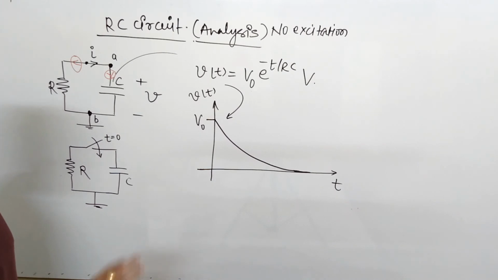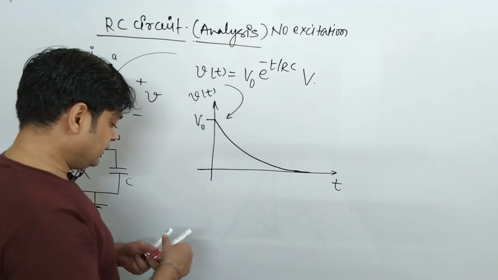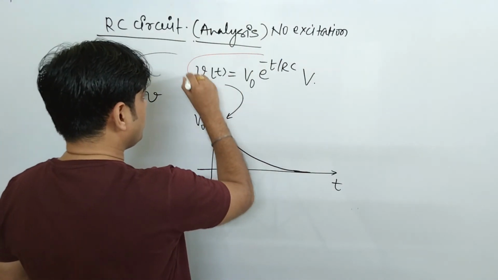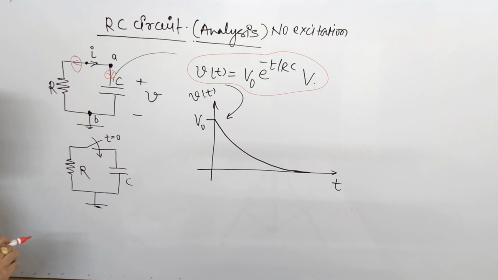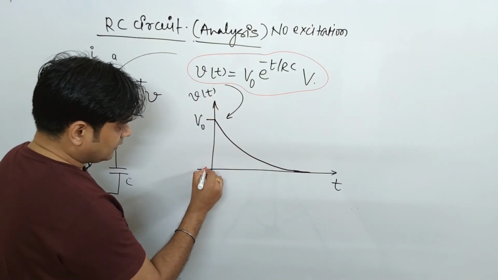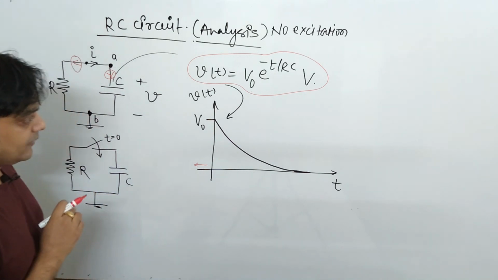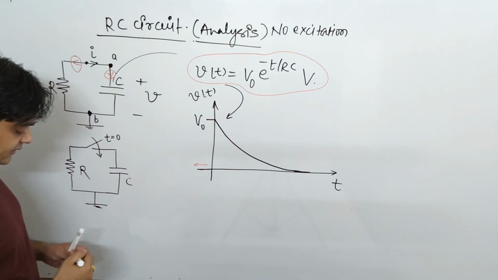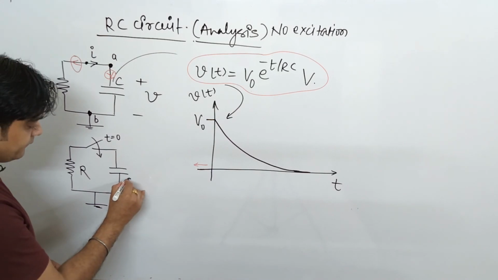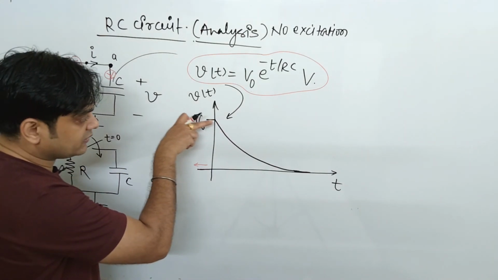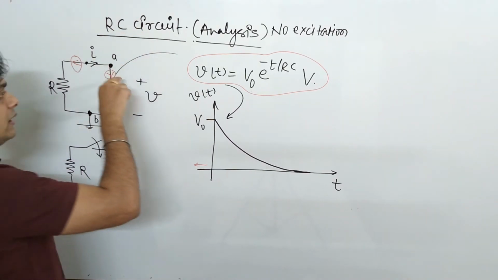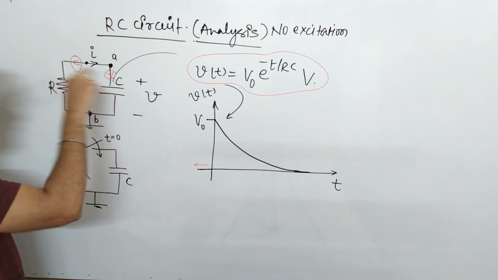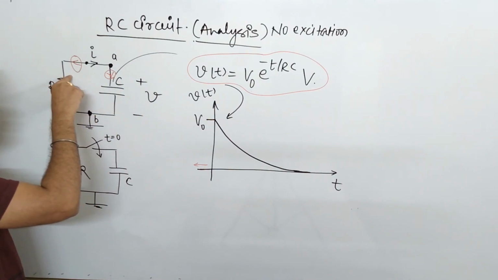Now what does this diagram explain? This solution we found when the switch is closed, that is t equal to 0. The initial voltage across the capacitor was V0, a constant voltage. But what happened when this initially charged capacitor was connected to a resistance, or some load R?